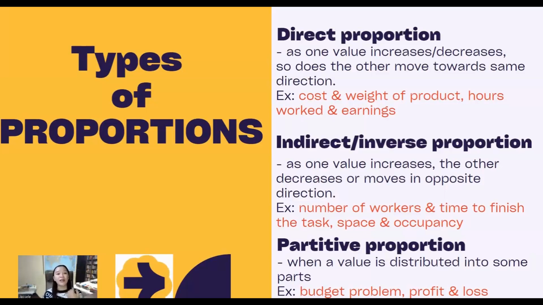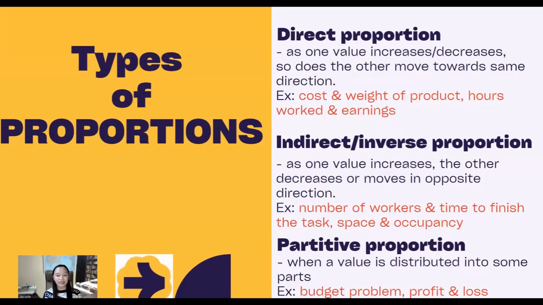Paano naman siya magiging direct? The more na mas maraming nangungupahan, the more na mas mataas yung kita. Alright, that's good. So, it's the other way around. Sa pag-direct, they goes hand in hand at the same direction or same value. While we are talking about indirect or inverse, it's the other way around or the opposite.